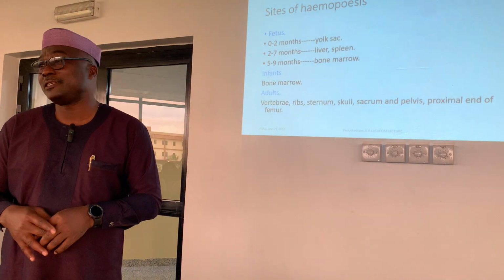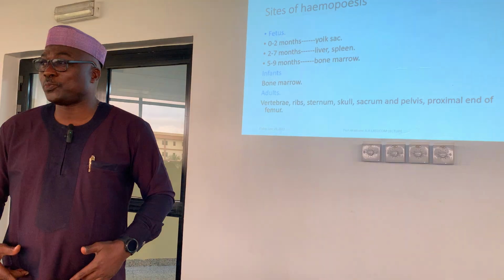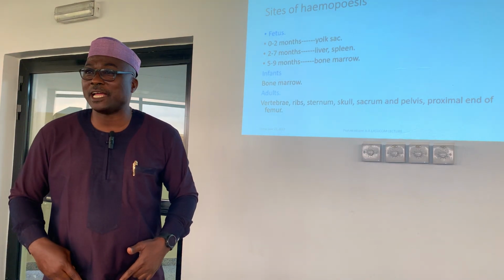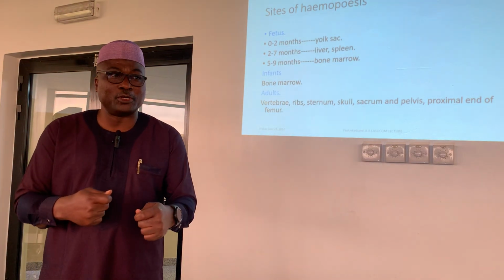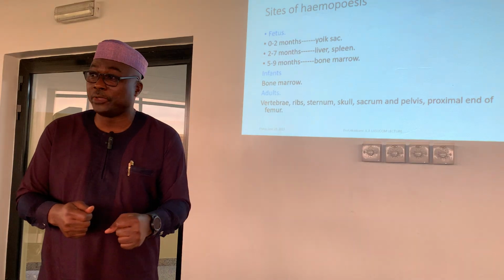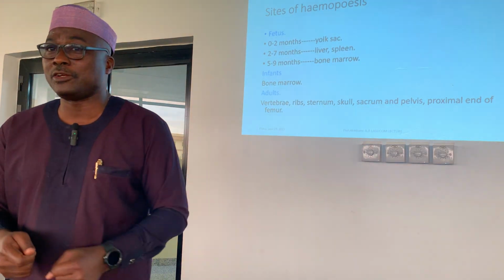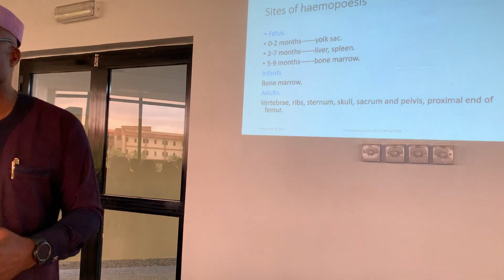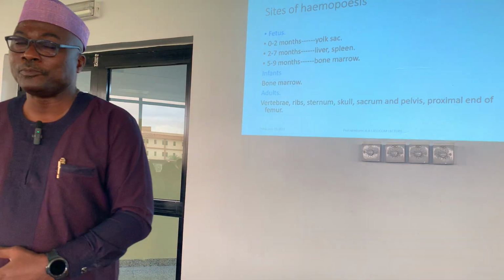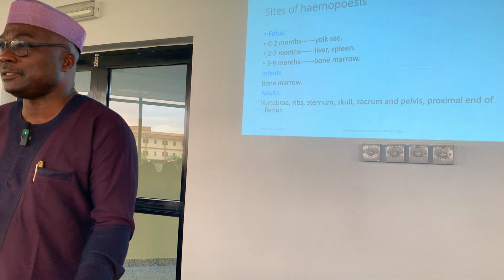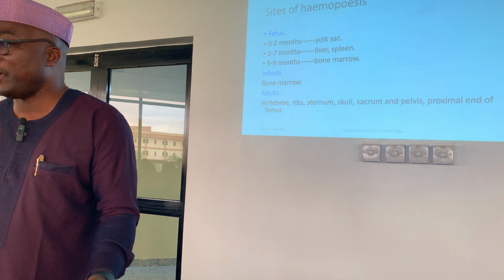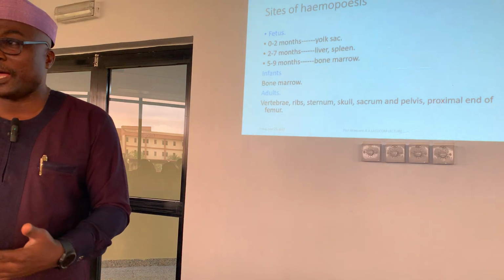So, for example, we use the anterior superior iliac spine. We have a special needle, not the needle for injection, thicker and bigger. We put it in about 2-3 cm away from the anterior superior iliac spine, and then aspirate the contents of the marrow, make a smear and stain.